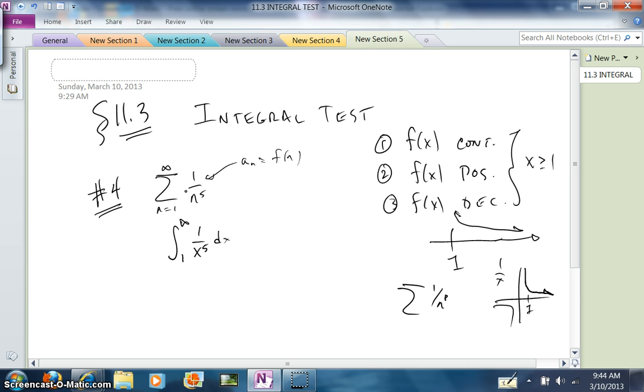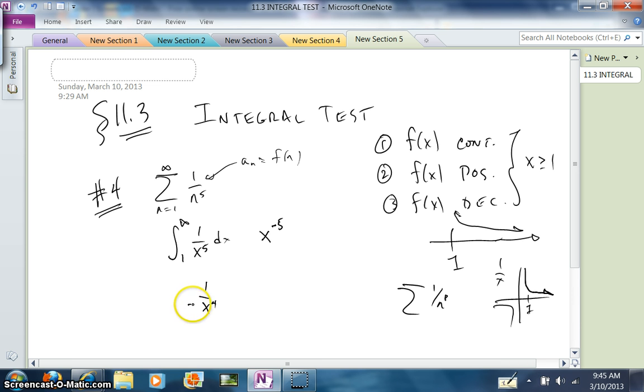Okay, so it just amounts to a problem just from section 7.8, which was improper integrals. Alright, so remember I'm just thinking of 1 over x to the 5th as x to the negative 5. So when I add 1, I get x to the negative 4. And then I have to divide by that very negative 4.